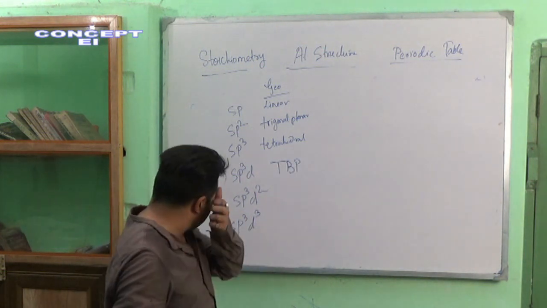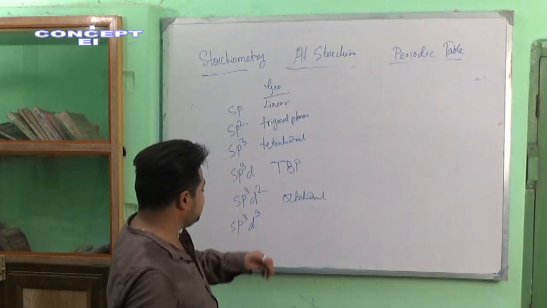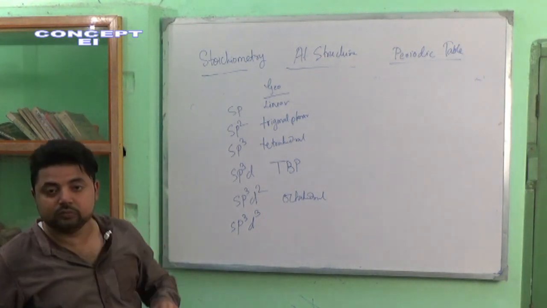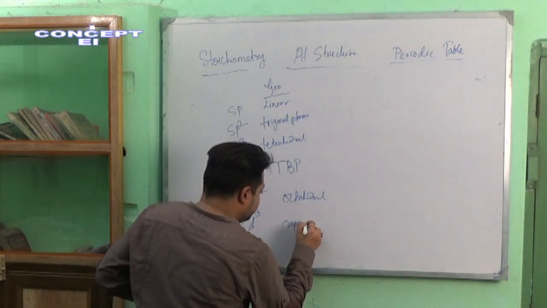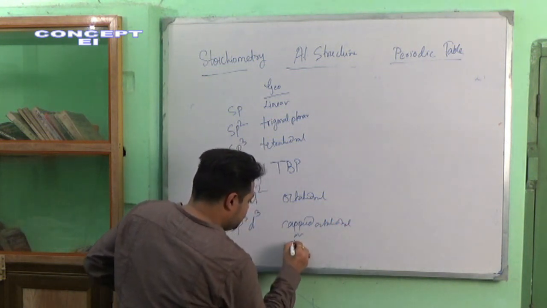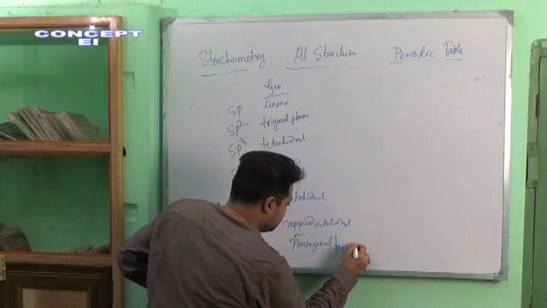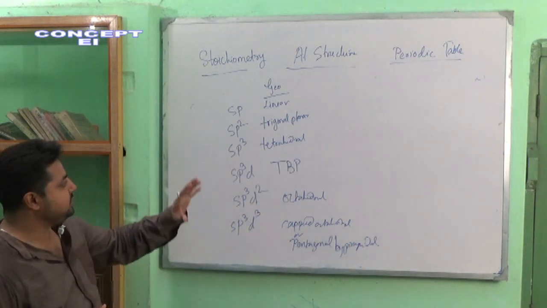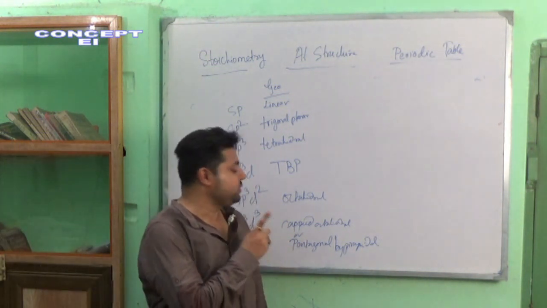Now sp3d2 will have octahedral, okay, and sp3d3 has 2 types: capped octahedron or pentagonal bipyramidal. Okay, so these are the geometries.